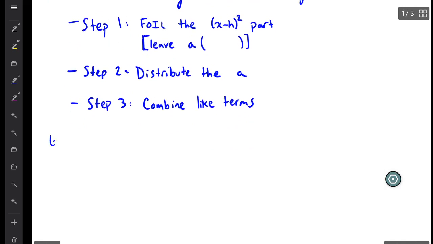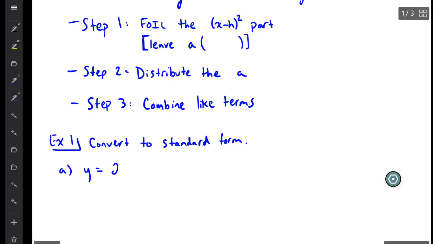So we'll do an example here. Let's start off with one like this.